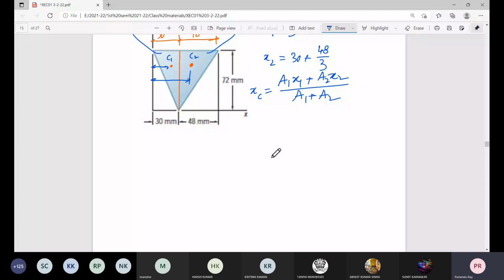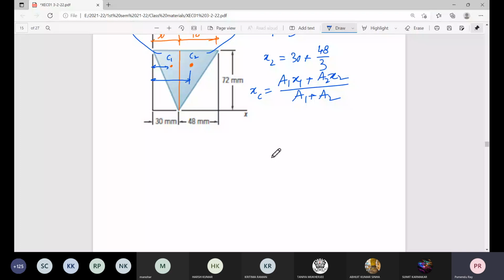If it is 1, 2, 3, then the area of element 1 is (30 plus 48) multiplied by 72. Element 2 is half of 30 multiplied by 72.